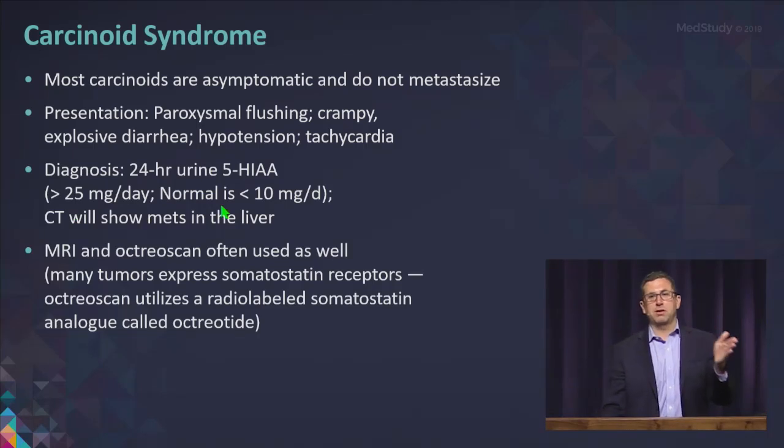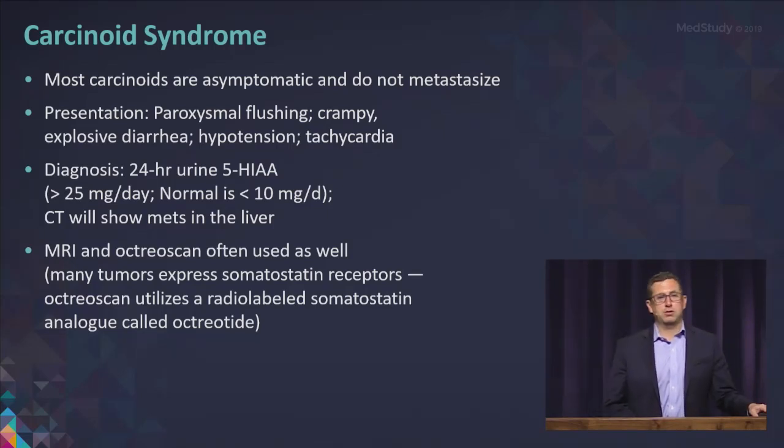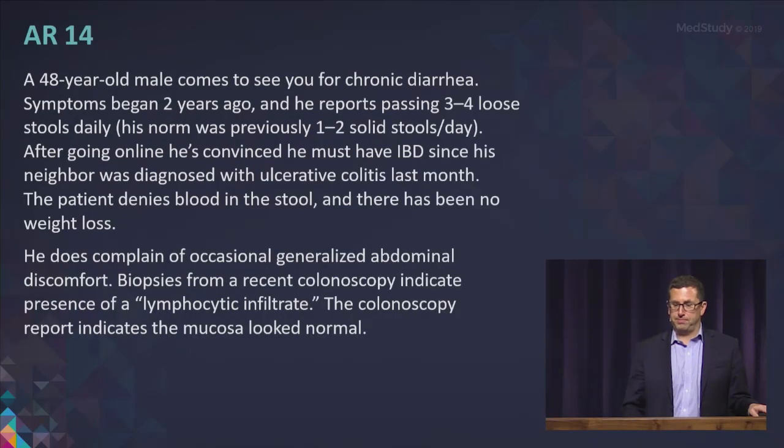Again, the mets to the liver are what is needed to have the vasoactive mediators released into the blood. You could also do an MRI and possibly an octreotide scan. So many tumors express somatostatin receptors, and octreotide scans utilize radiolabeled somatostatin, an analog called octreotide. So that's why an octreotide scan would be useful in carcinoid, to diagnose carcinoid syndrome.